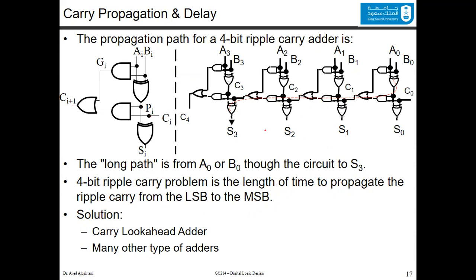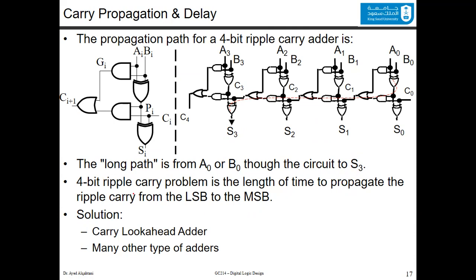The longest path, which is also called the critical path, goes from the input A0 and B0 through the XOR, and then you have an AND, OR, AND, OR, AND, OR chain, and then you end up going through S3, which is through this XOR. You can see that this long path is going from A0 or B0 through the circuit until it reaches S3.